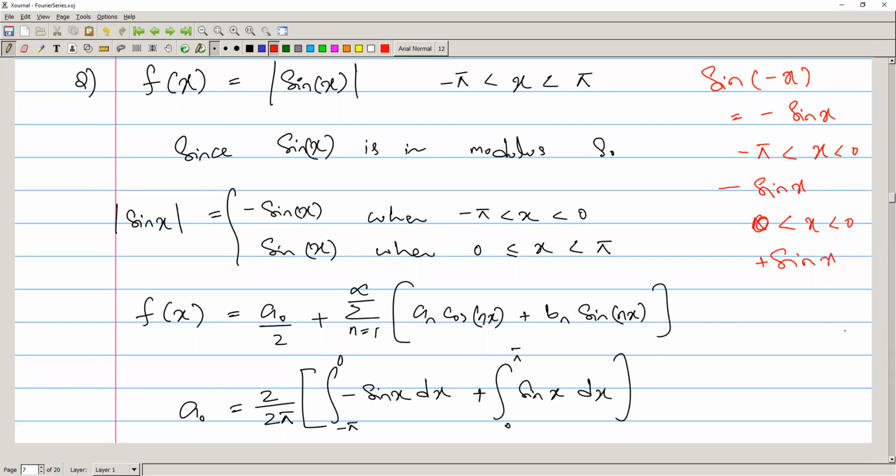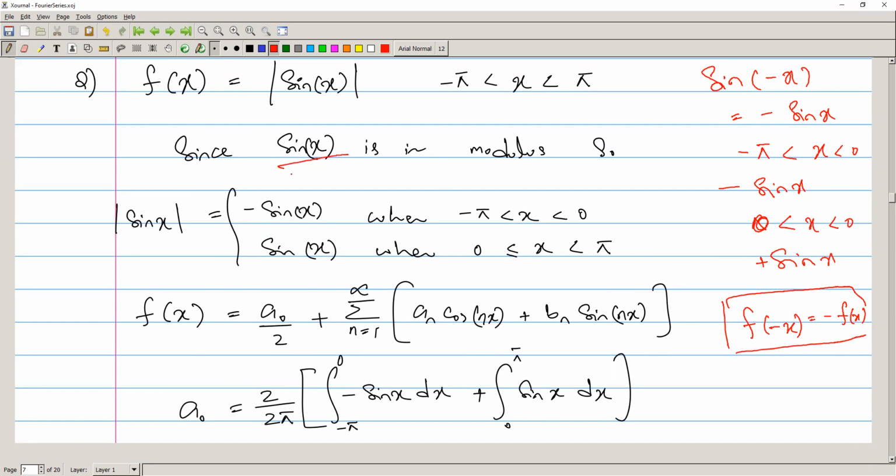And remember, we have to break every odd function, because for odd functions, we know that f of minus x is equal to negative f of x. So we need to break the intervals to find the appropriate series.